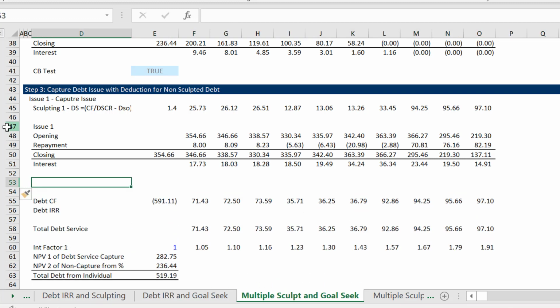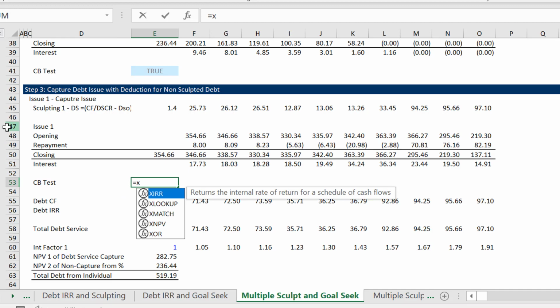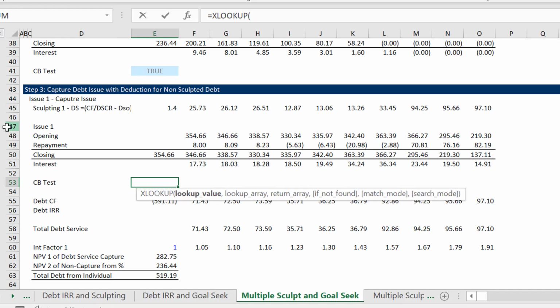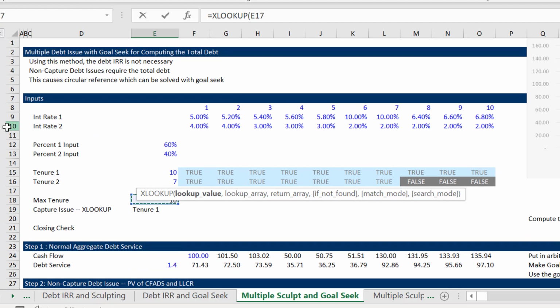Okay, and then we put our CB test, and we use the same XLOOKUP. This time we'll use our capturing debt issue. We can even use it from here, I suppose.